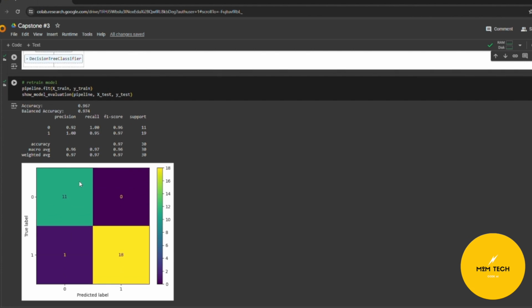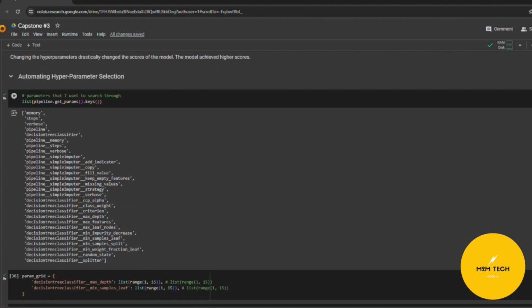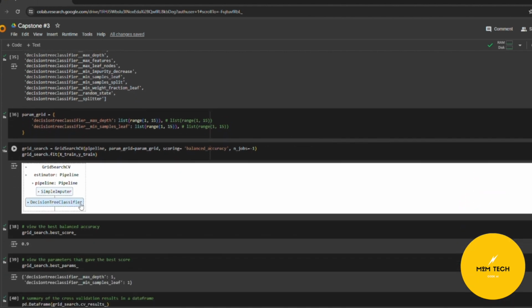0.974. I have also automated this entire process of trying different combinations of values for my hyperparameters, and I've given the max depth a list of values ranging from 1 to 15 and the min samples per leaf a range of values from 1 to 15 as well.